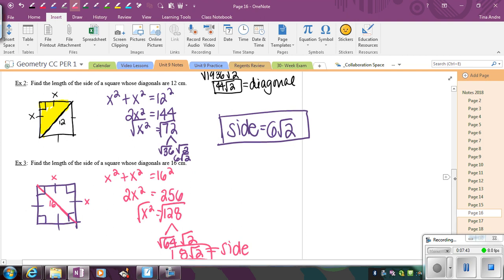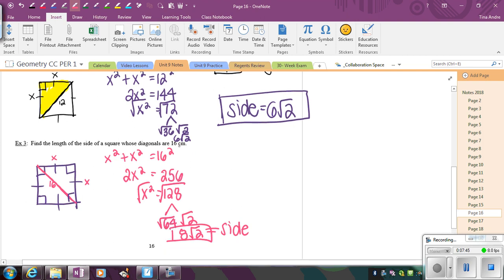Now, for these, keep in mind too, I don't have to just look at one diagonal. Another option for this problem would have been to take my square, and I could have drawn in both diagonals. And I know that those are perpendicular.